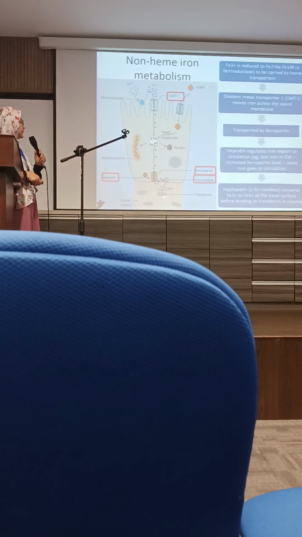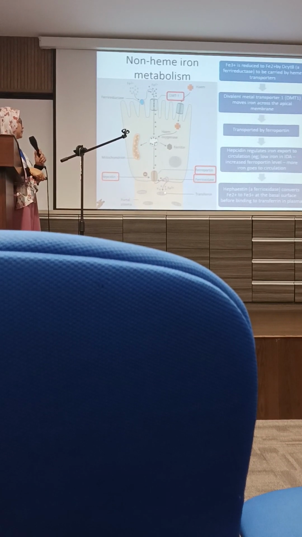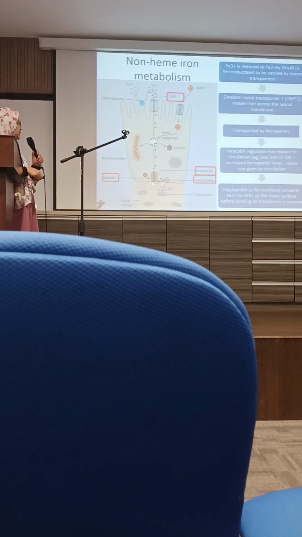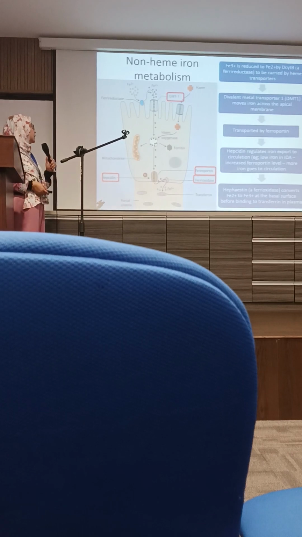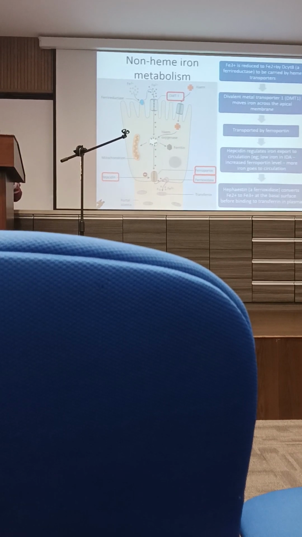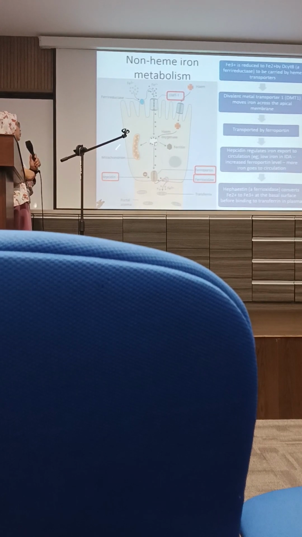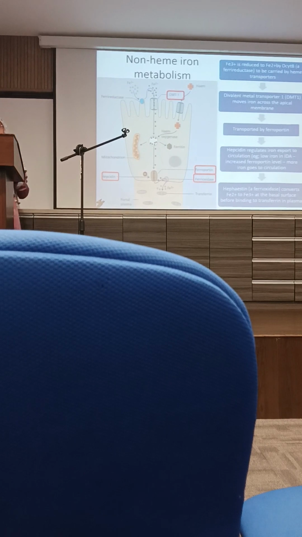And then the Fe2+ that we brought in needs to be converted again to ferric Fe3+, so you need hephaestin to transform this before binding to transferrin and going to the plasma. Okay, so the important proteins in iron metabolism are DMT1, hepcidin, ferroportin and hephaestin.